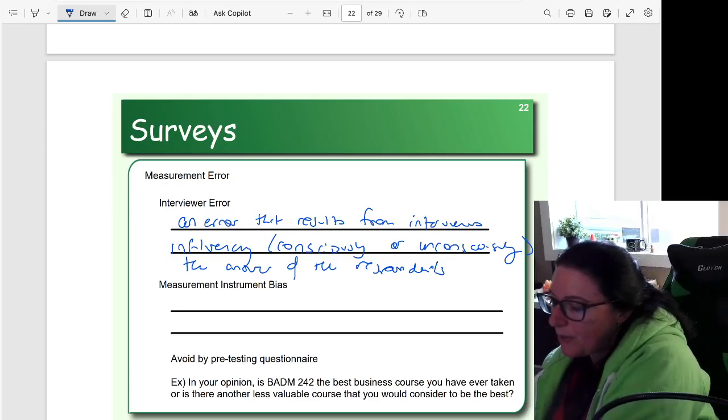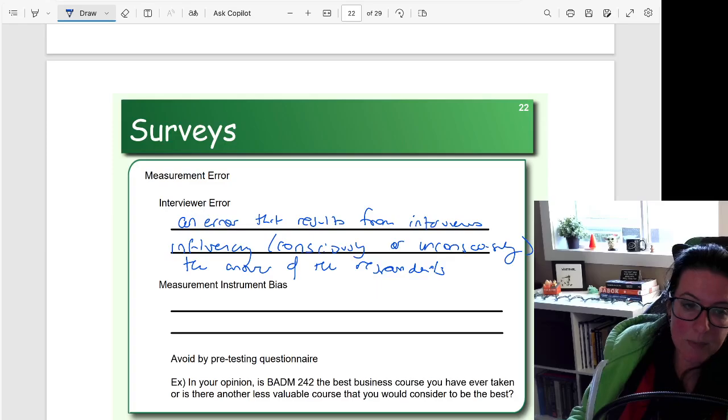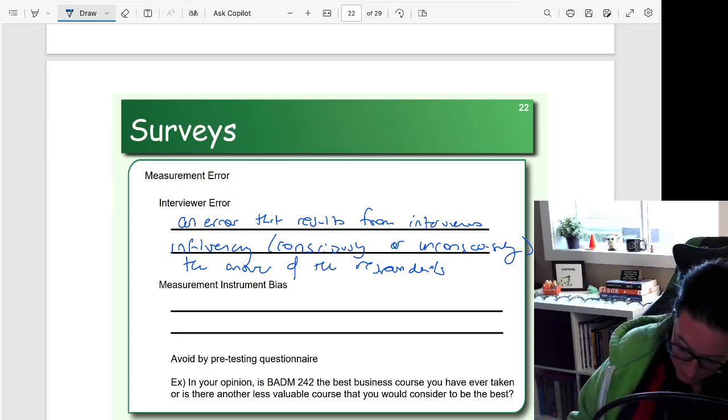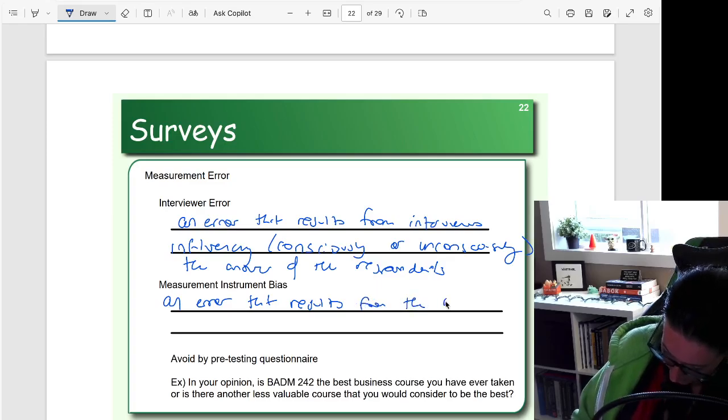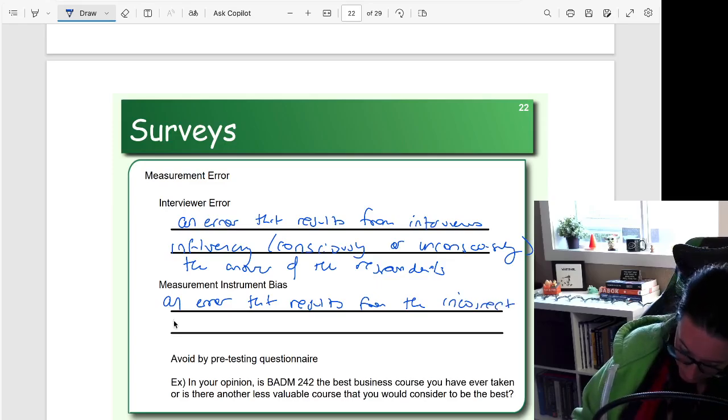The next type of measurement error is measurement instrument bias. This is an error that results from the incorrect transfer of info from a survey to, let's say, a computer or spreadsheet.